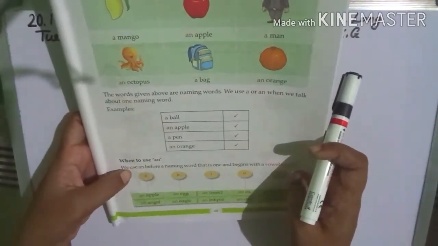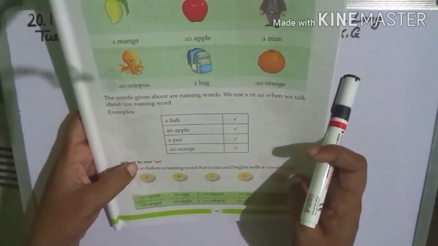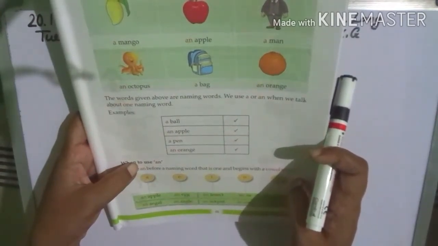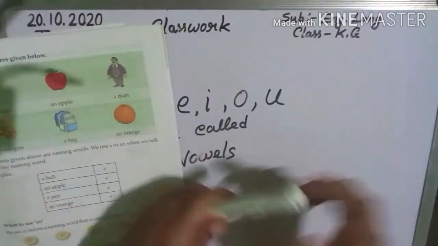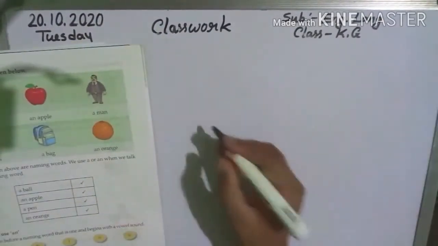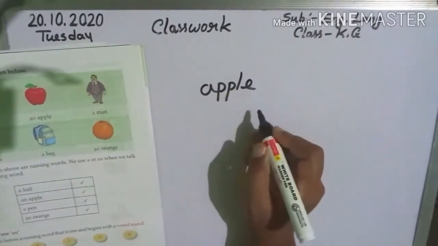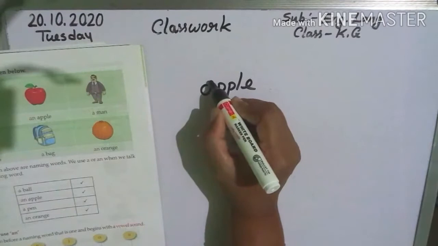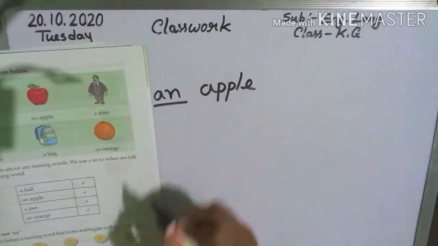We use an before a naming word that is one and begins with a vowel sound. So you see, an apple. Apple, A. Vowel sound, A-P-P-L-E, apple. So you write an apple.